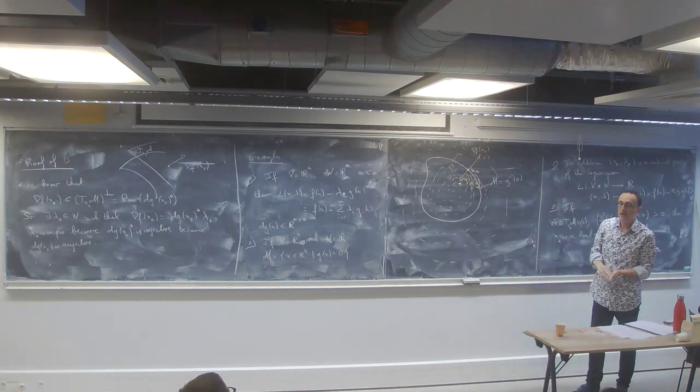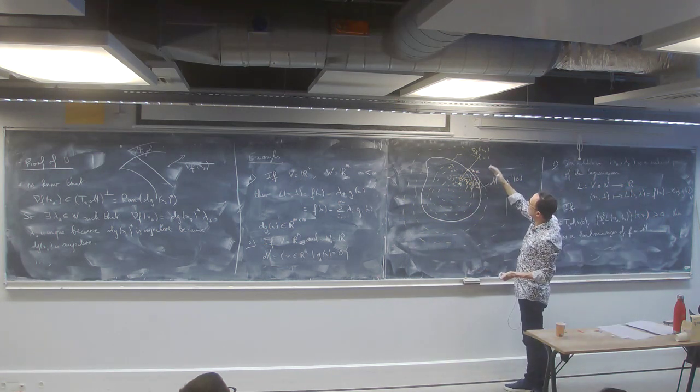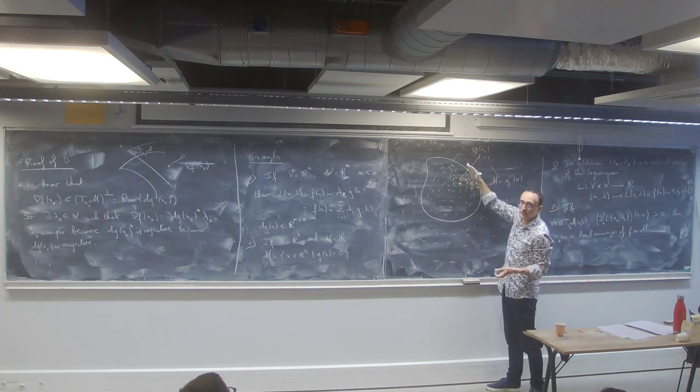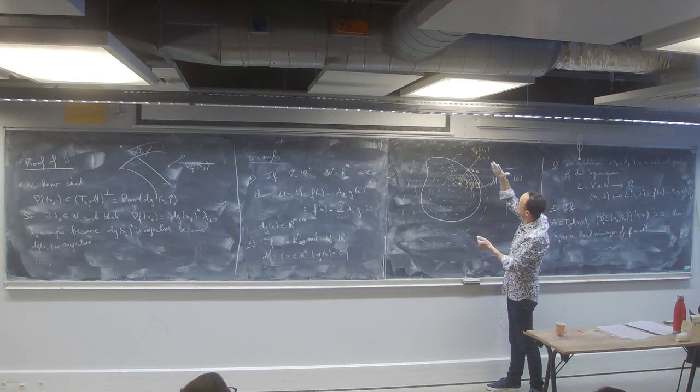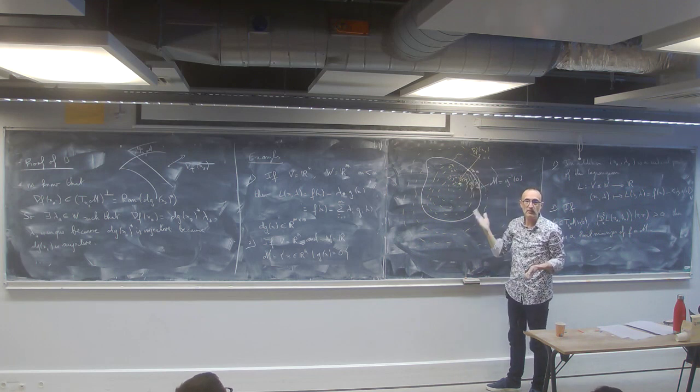Okay. And so what's going on? You have two vectors which are orthogonal to two tangent planes, which are tangent. Okay. And so necessarily these two guys are collinear.